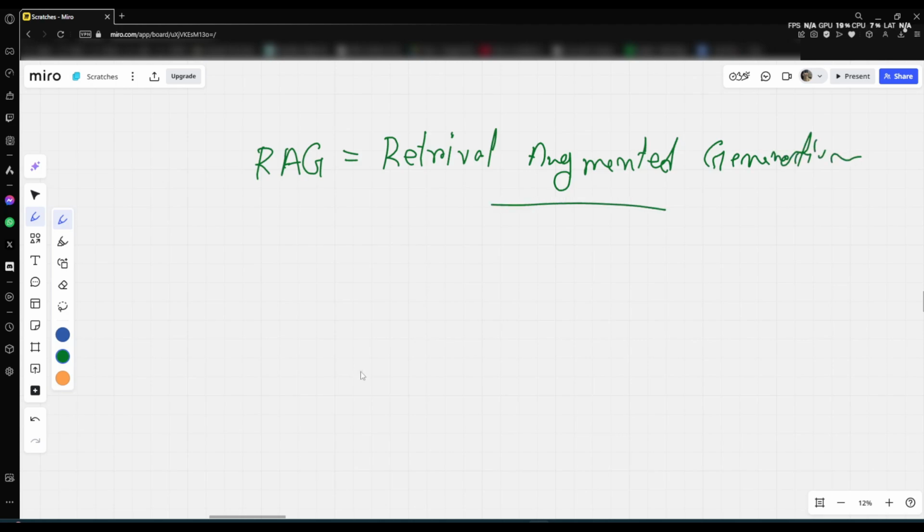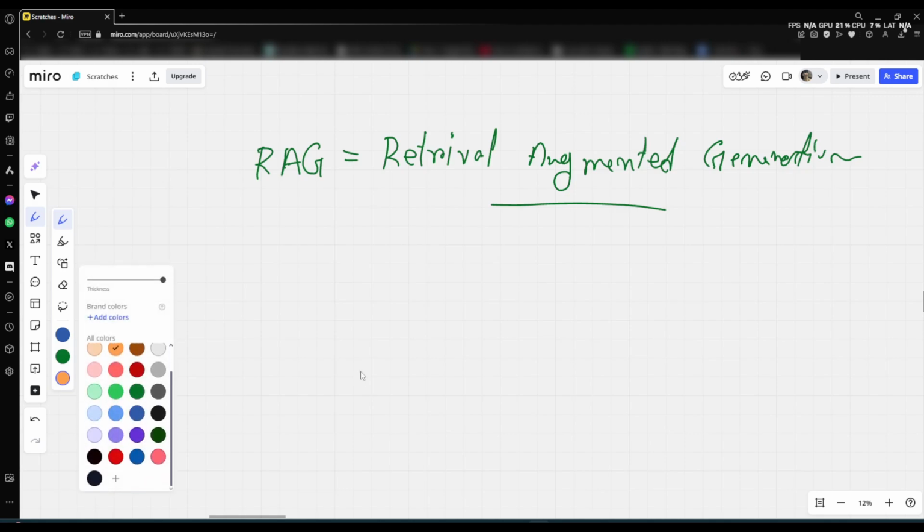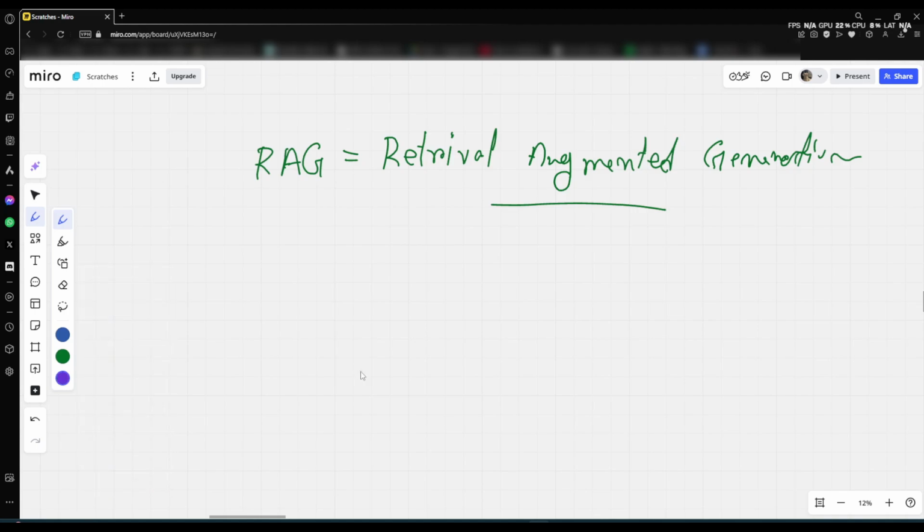I'm going to explain it with a situation. Suppose I have a book or a PDF or whatever. It could be anything. This has like 10,000 pages. Maybe this is a history book.